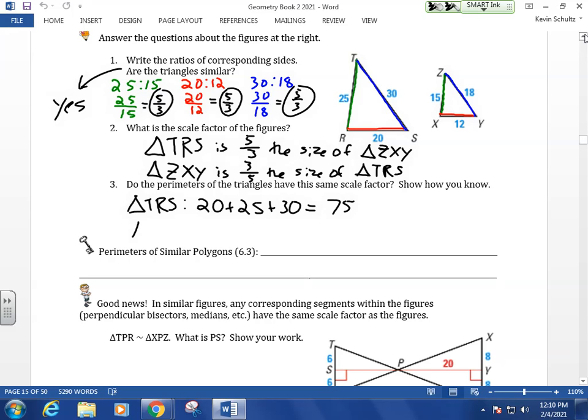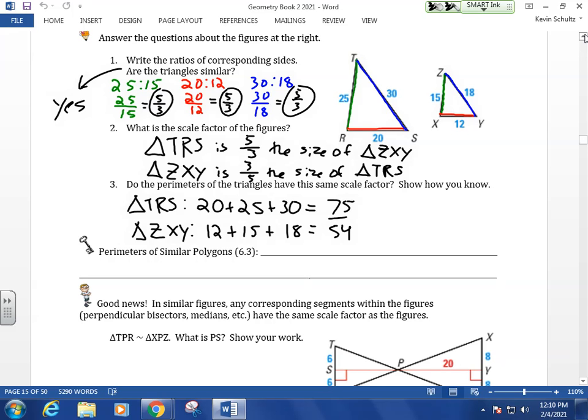And then in triangle, my mind wants to write X, Y, Z, but keeping them corresponding sides, ZXY, we have a perimeter of 12 plus 15 plus 18, which is 45.